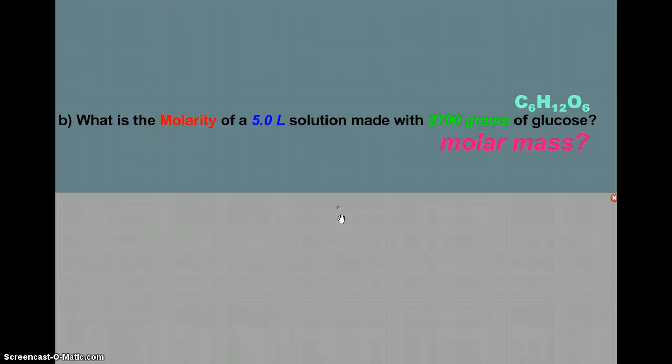You'll see now that I included the formula for glucose, C6H12O6, and a little reminder: molar mass. I'm pretty sure you remember that we're going to need the molar mass to convert from grams to moles. So when I go to the periodic table, 6 carbons plus 12 hydrogens plus 6 oxygens adds up to 180.0 grams per mole.